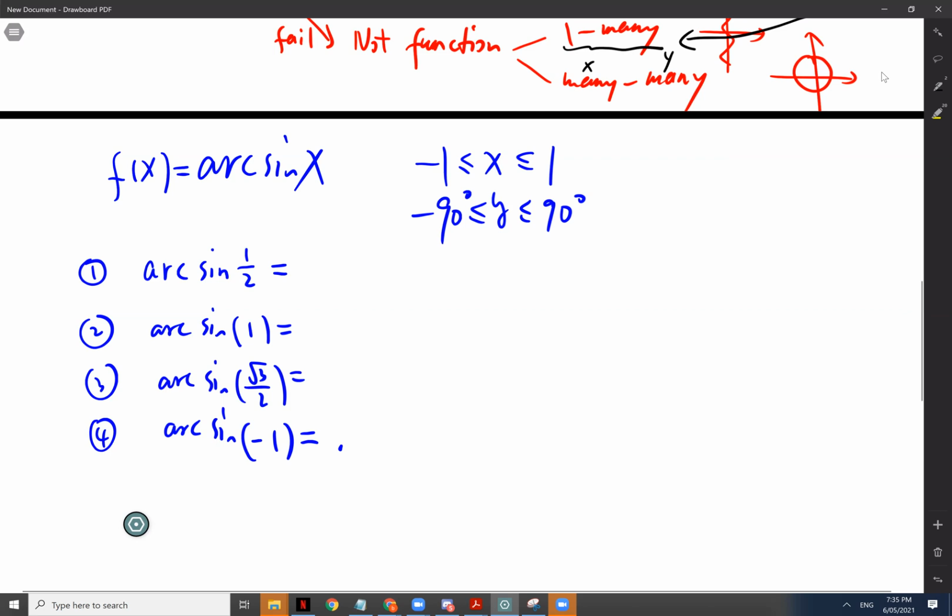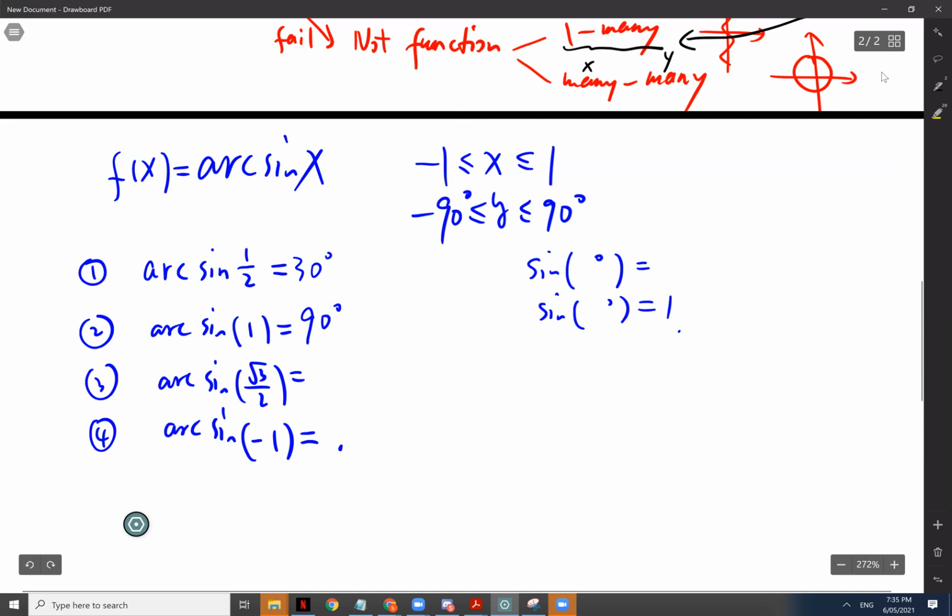It's the same as asking you sine how many degrees give you half. Yes, 30. Eden, what's arc sine 1, or sine inverse 1? Sine how many degrees give you 1? Yes, 90. Human, how about arc sine root 3 over 2?